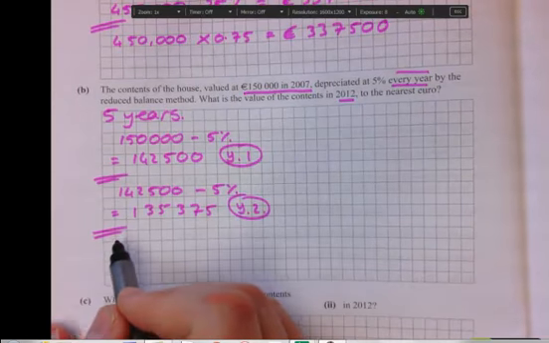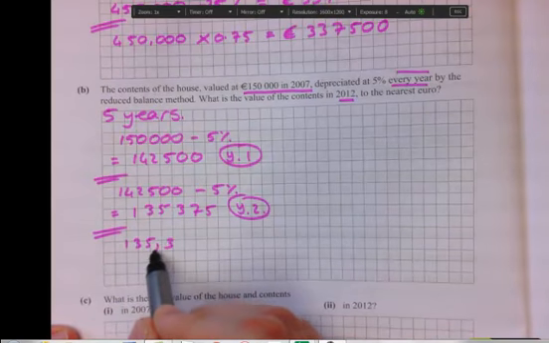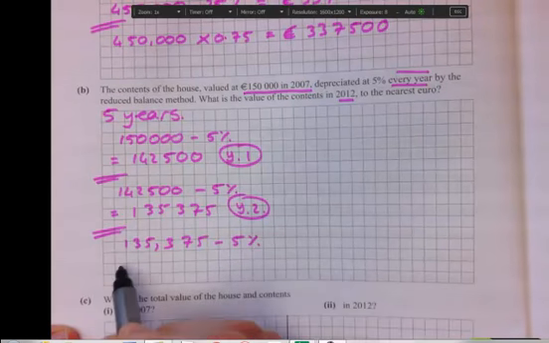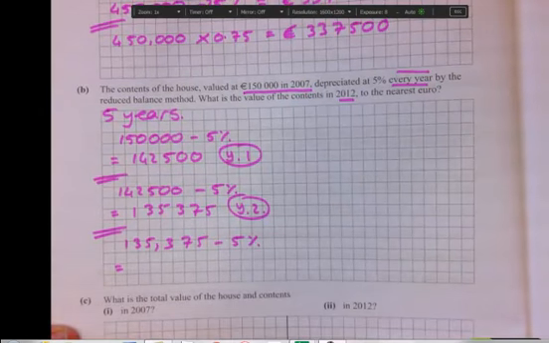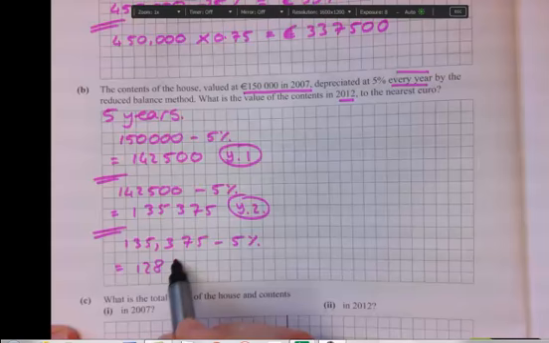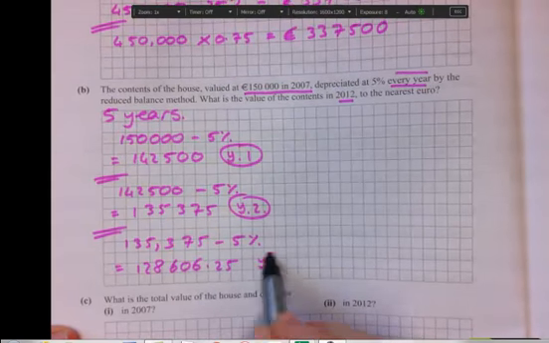And you'll do that repeatedly. 135,375 minus another 5%, you'll end up with 128,606.25, and that's year 3.